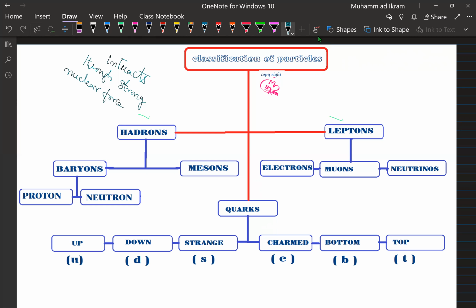And all mesons usually decay into electrons, positrons, neutrinos, and photons.